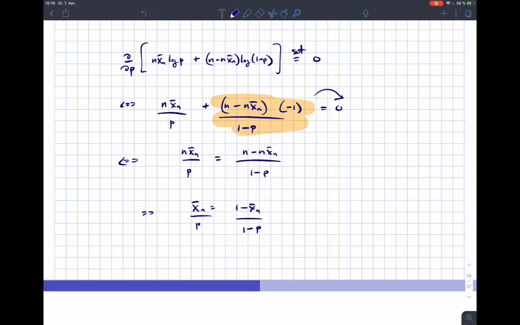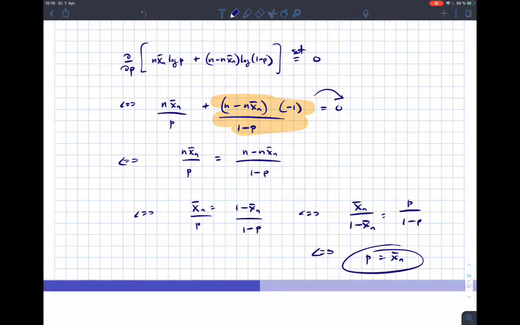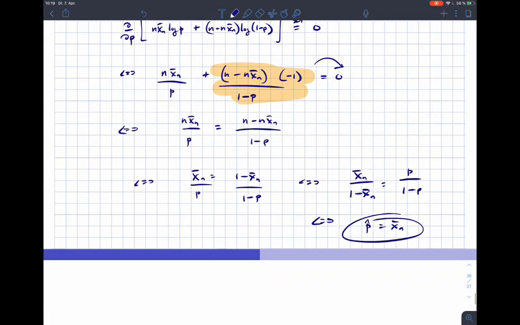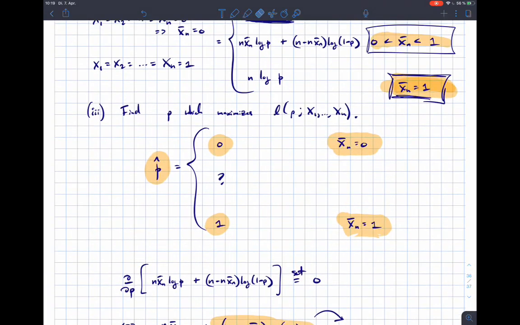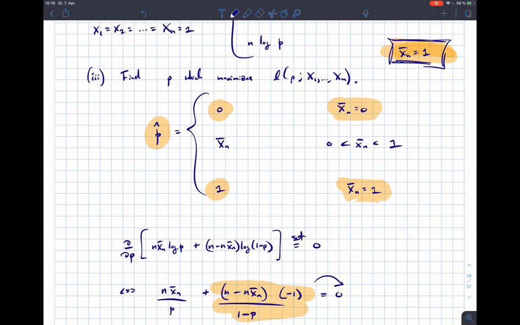And I can rearrange it again to get x bar over 1 minus x bar equals p over 1 minus p, which tells me that p is equal to x bar. So p hat is going to be equal to x bar in this case, where x bar is between 0 and 1. So actually, in every case, it's just equal to x bar.